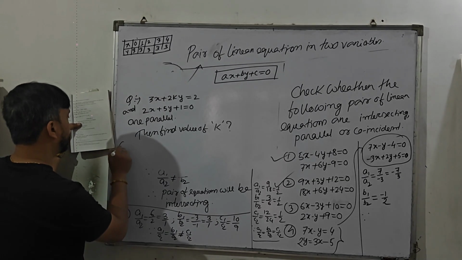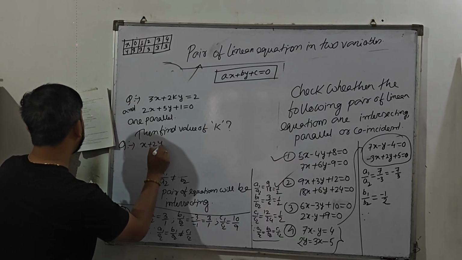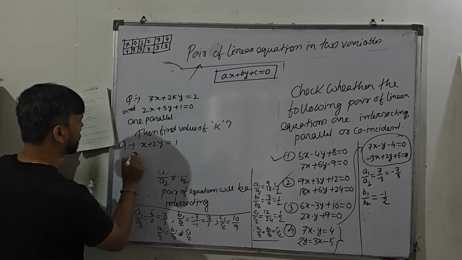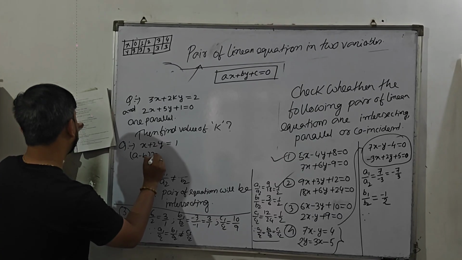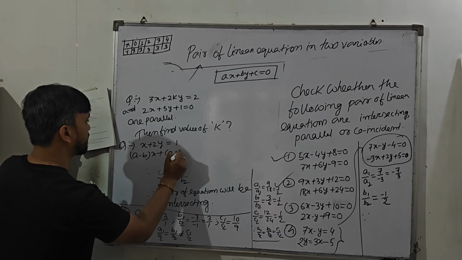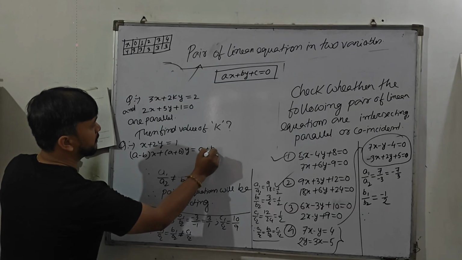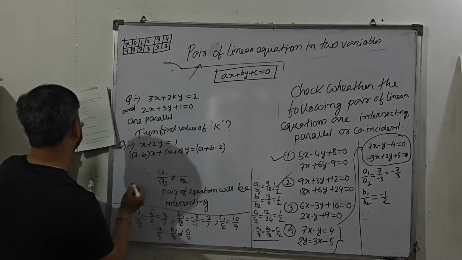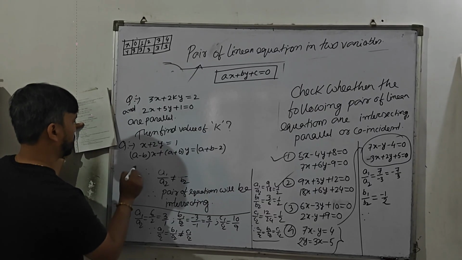x plus 2y is equal to 3 and (a minus b)x plus (a plus b)y is equal to a plus b minus 2.